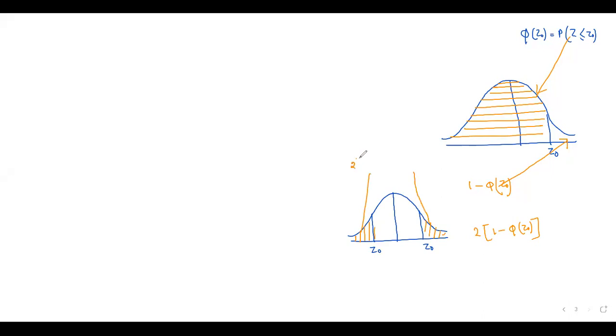This is the region which is called 2 into 1 minus phi of Z0. So diagrammatically, you can understand what we are calculating.